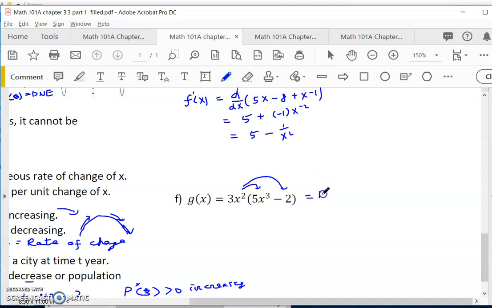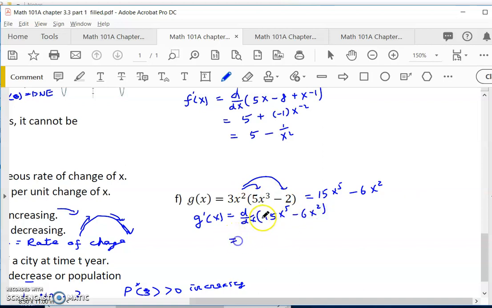Multiplying them gives 15x to the 5, and the second term is minus 6x squared. So this becomes something that is easy to do. Now g prime of x is the derivative with respect to x of 15x to the 5 minus 6x squared.